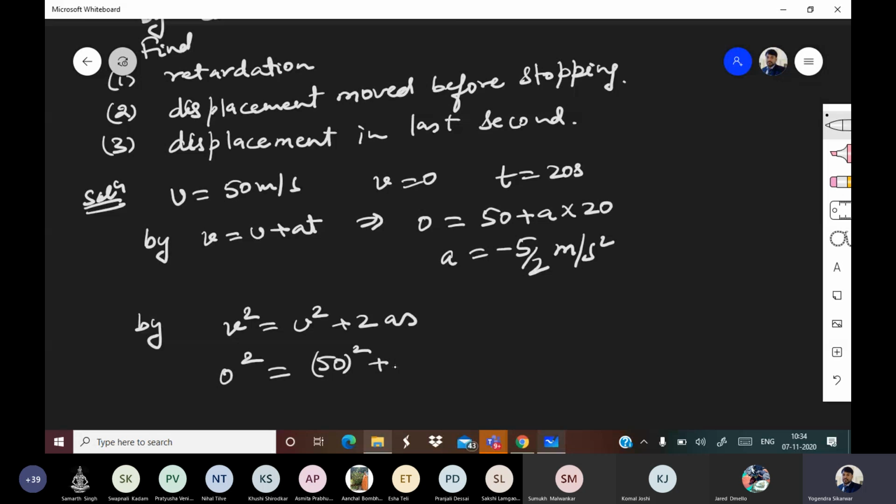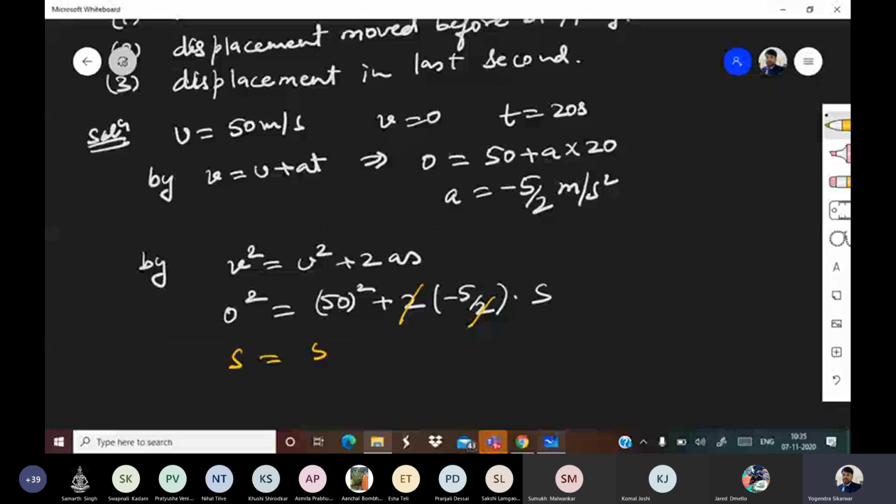So s will be 50 into 50 upon 5. So s comes out to be 500 meters.